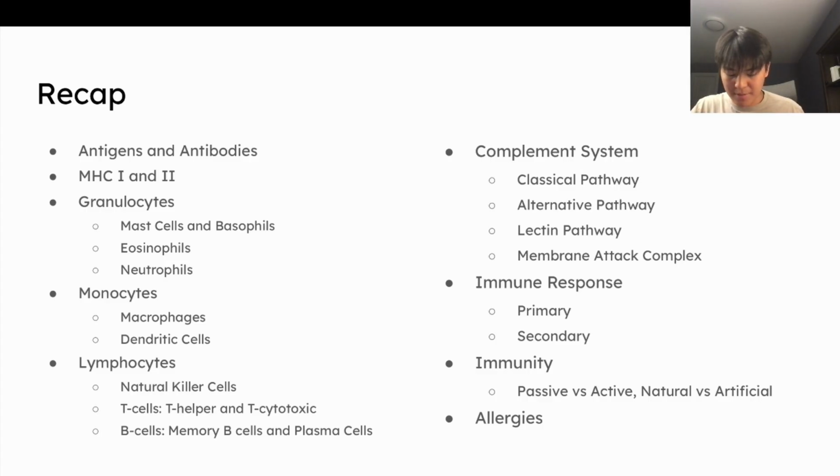These antigen-presenting cells will present them to T cells, right? Remember T cells? And T cells have these T cell receptors that have unique binding sites, right? And so once the antigen-presenting cells find the right T cell, they're gonna differentiate into both T helper and T cytotoxic cells. Remember, these are also called killer T cells.